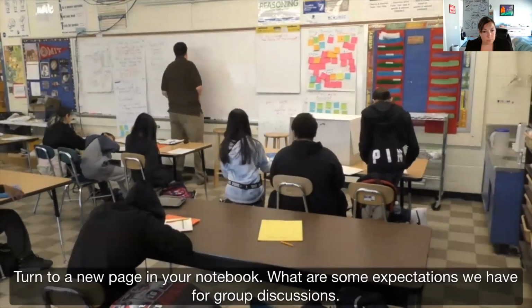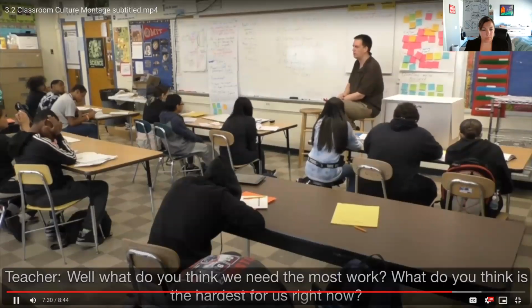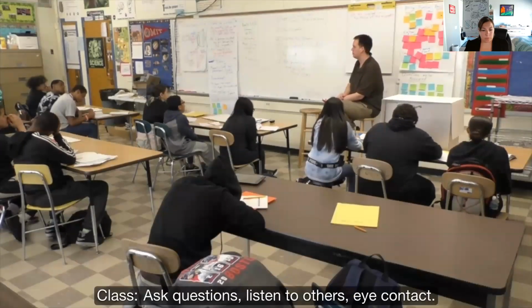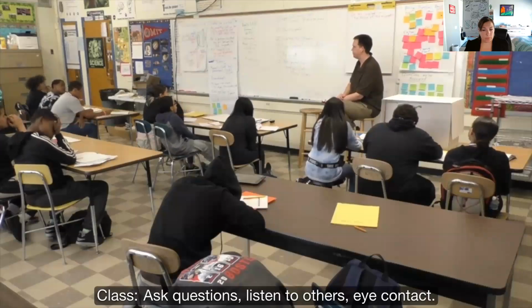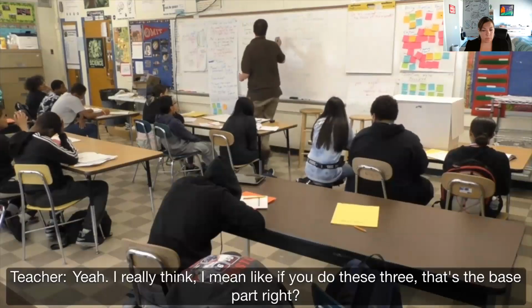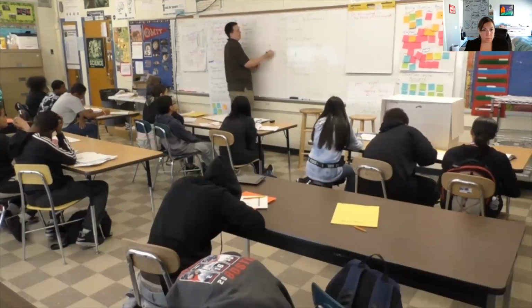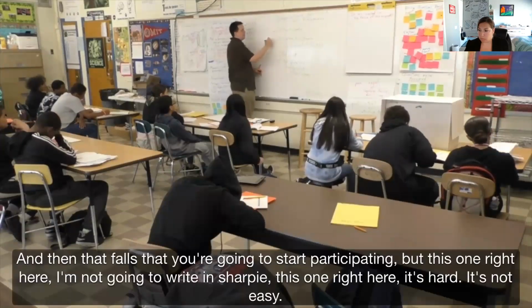What are some expectations we have for group discussion? Well, what do you think we need the most work on? What do you think is the hardest for us right now? Ask questions, listen, and participate. Listen to others and make eye contact. Yeah, I really think if you do these three, that's the basic part, right? And then it follows that you're going to start participating.